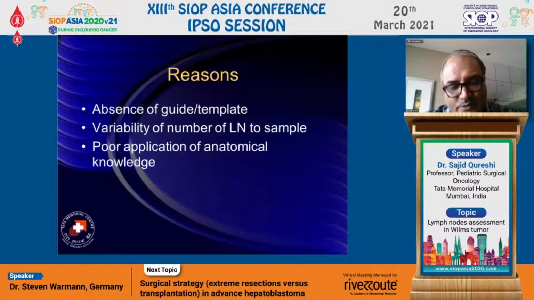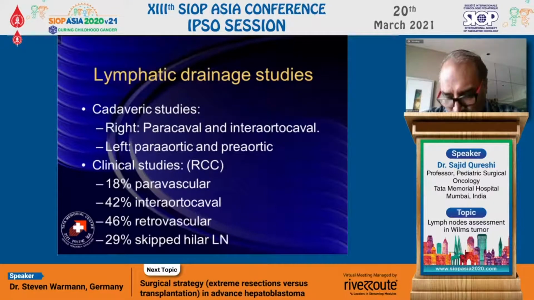In patients where lymph node sampling has not been done, on questioning the operating surgeon, the commonest answer we get is there were no lymph nodes. So what should we sample? Let me tell you that God has given around 400 lymph nodes in the retroperitoneum and pelvis. It is not possible that lymph nodes are not there in your index patient. They are there, you have to search for them. So these are some of the reasons why lymph node assessment is a problem.